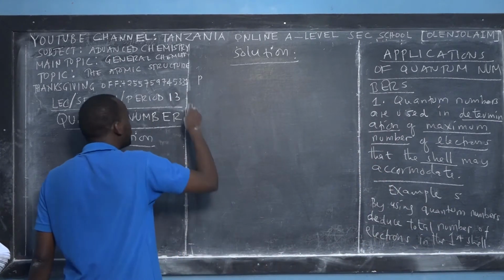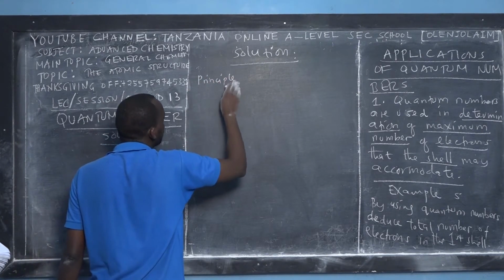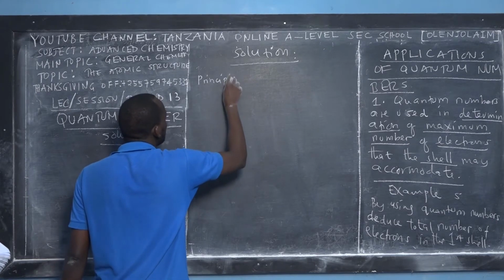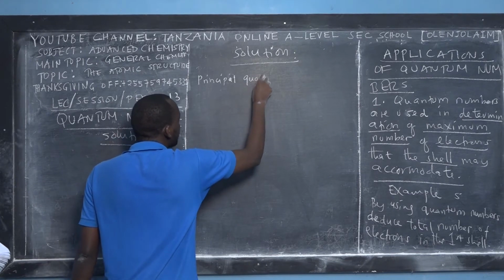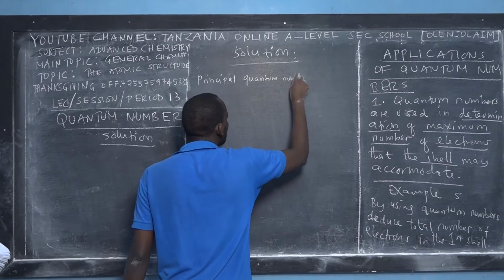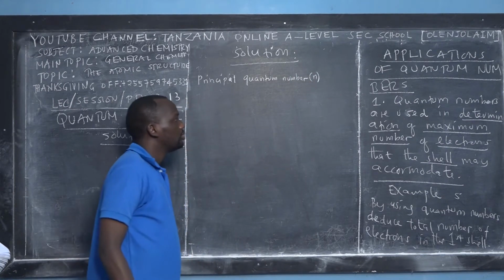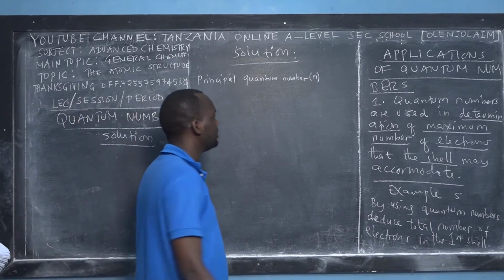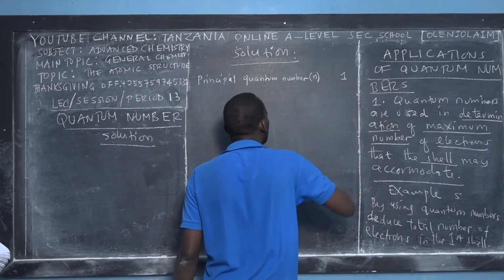So let us start with the first one, the principal quantum number. It is represented by which letter? N. So what will be the principal quantum number for the first shell? It is equal to 1.